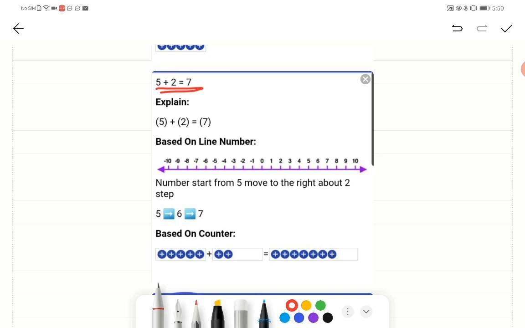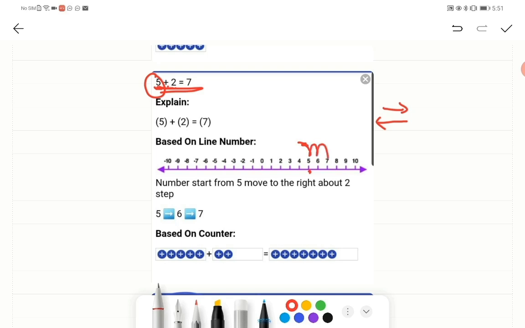What if you want to plot a number? It is given 5 as the first number, so just go to the number 5, start from the number 5. Then if it is plus, you need to move forward, and if it is minus, you need to move backward. Now you are at 5, and it is given plus 2, so you need to move forward 2 steps.